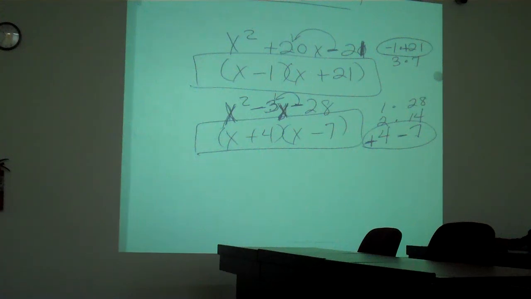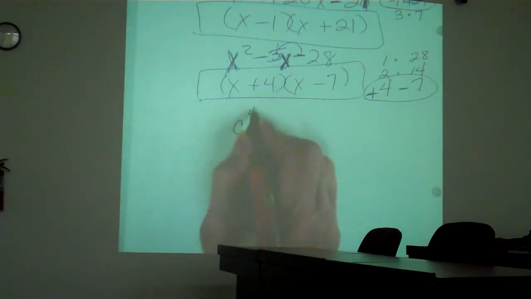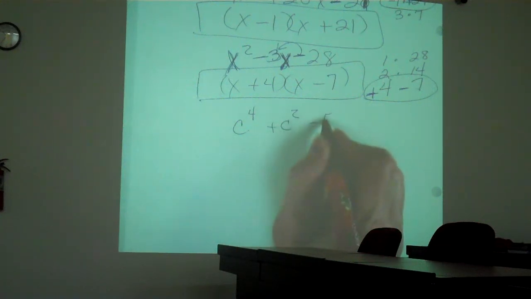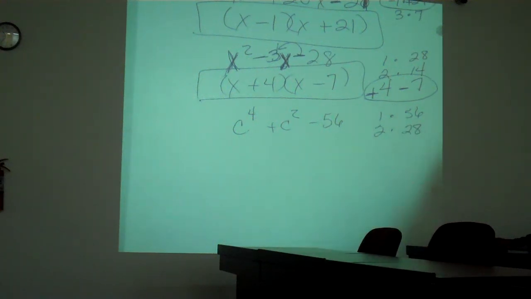Okay, let's go ahead and do one that has different letters, because they don't always have x's, so we need to get used to having other letters too. C to the 4th power plus C squared minus 56. How do you get 56? 1 times 56, 2 times 28. 3 won't go into it.